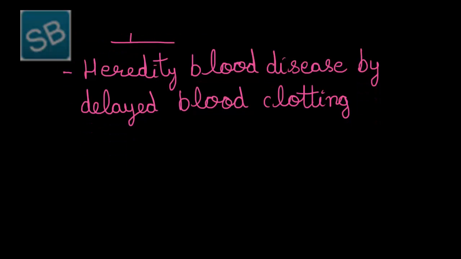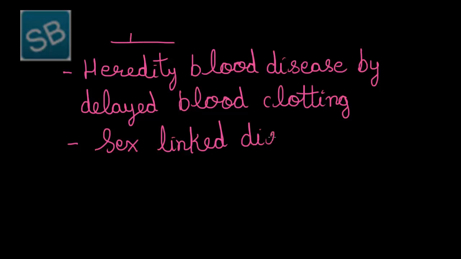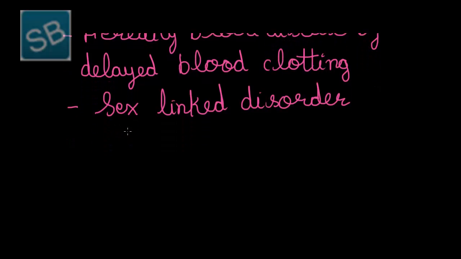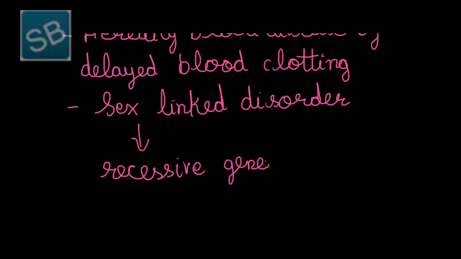Hemophilia can also be called a sex-linked recessive character disorder. That is, although it is a sex-linked disorder, the gene involved in hemophilia is a recessive gene. And therefore it is described as a sex-linked recessive disorder.